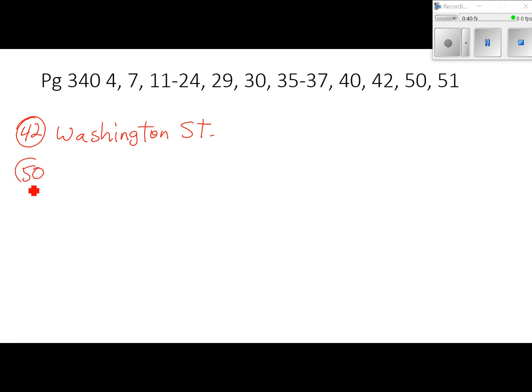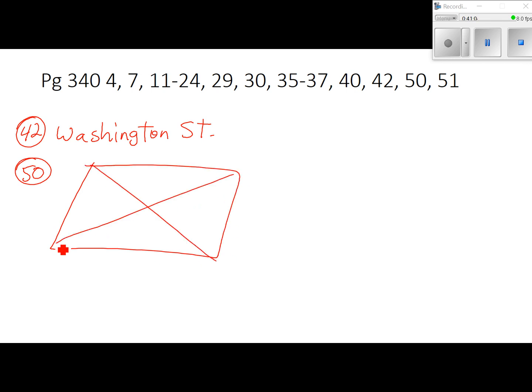Problem 50. Give us a picture, it looks like this. And this is A, this is E, this is B, this is C, this is D. They say name the included angle between the two pairs of sides.